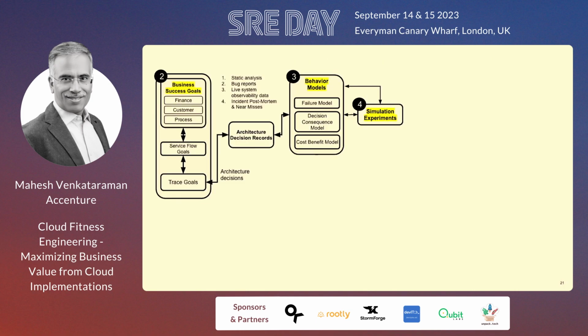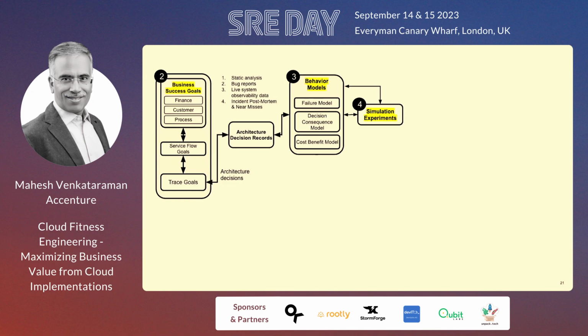Obviously, next has to be continuous simulation experiments. Now, these are not new. We understand performance engineering. We understand chaos engineering. Many of us have done chaos testing. I don't want to call it a chaos experiment, because with chaos experiments there is some association with pulling down wires, taking down the microservices and seeing what happens, right?